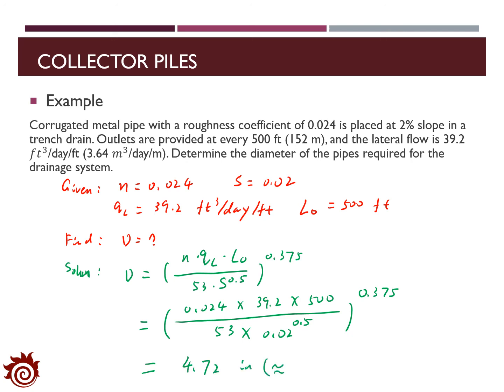That is equivalent to 120 millimeters. So if we are considering some standard pipes, we should use pipes with a diameter at least higher than 4.75. With that, we can choose something like a diameter of 5 inches.